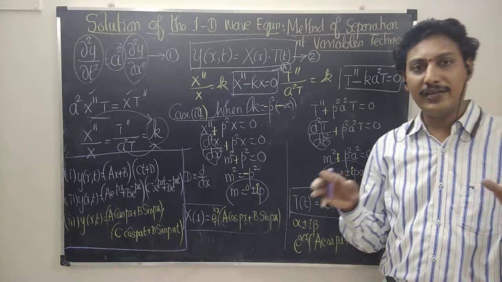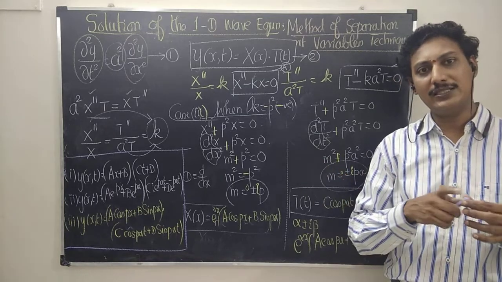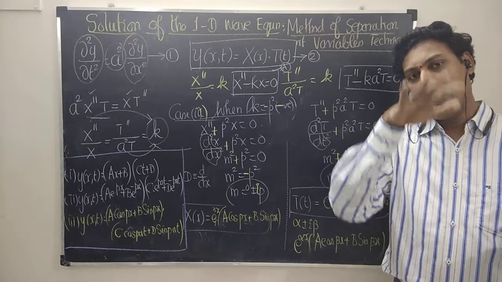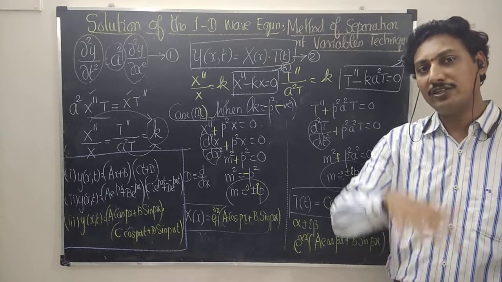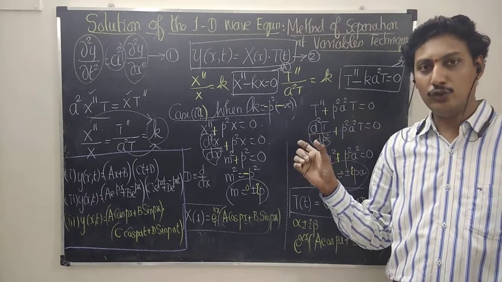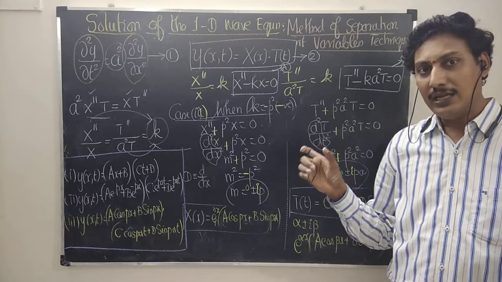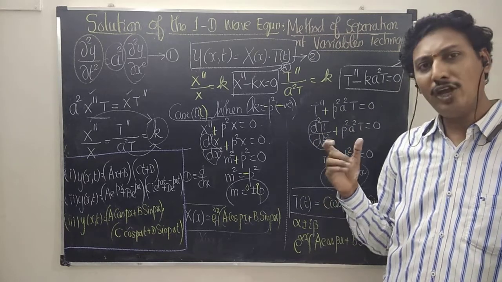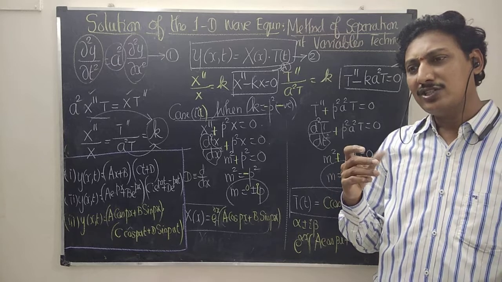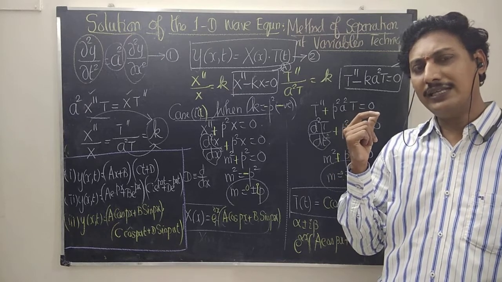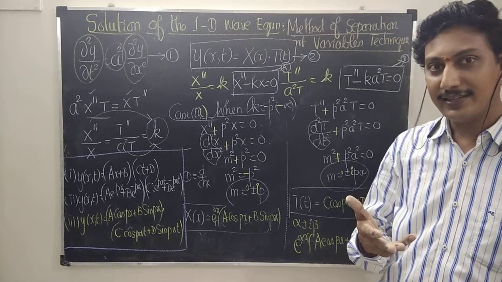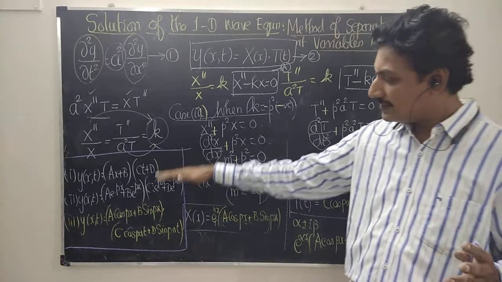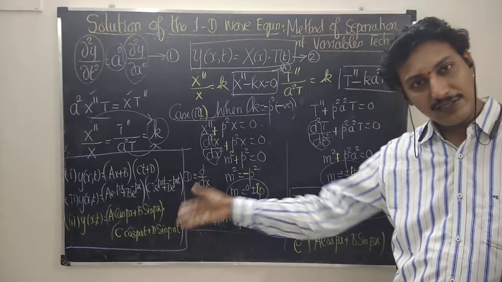But we saw that the string problem takes a strictly transverse motion. That means it looks like a periodic function within the 0 to L interval. Periodic function means examples like the trigonometric functions, isn't it? So among these three, which one is in terms of trigonometric functions?